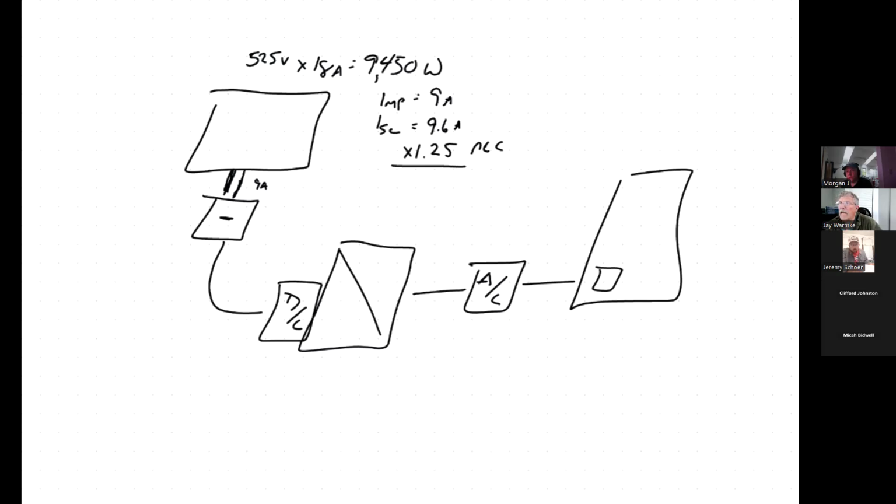But then they say, this is solar, so we want you to do an additional 1.25 safety margin. And why is that? It's because this number was determined based on 1,000 watts per square meter, which is standard test conditions. I've taken measurements out in the field and gotten 1,200 watts per square meter on a nice clear day.